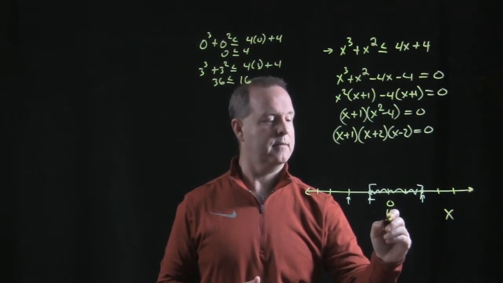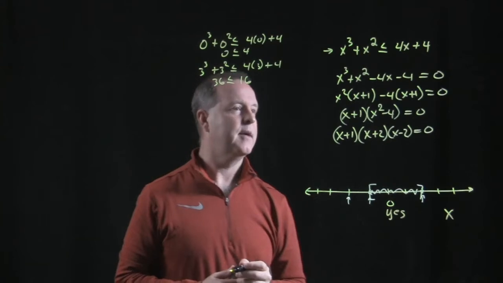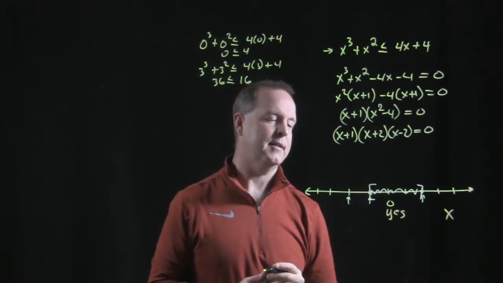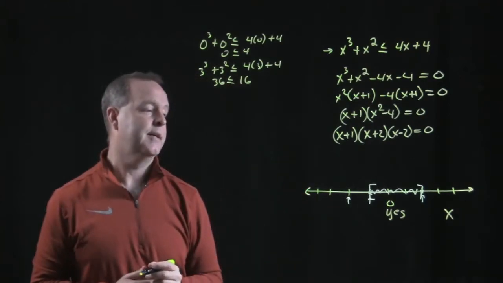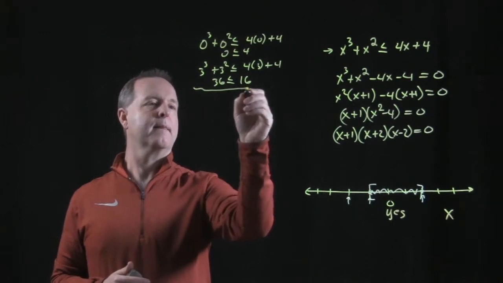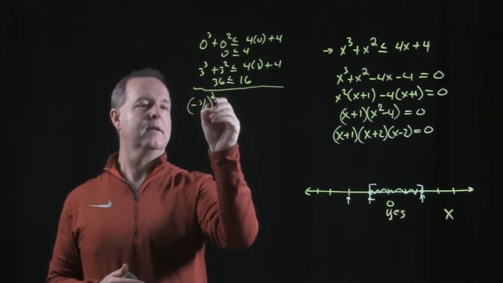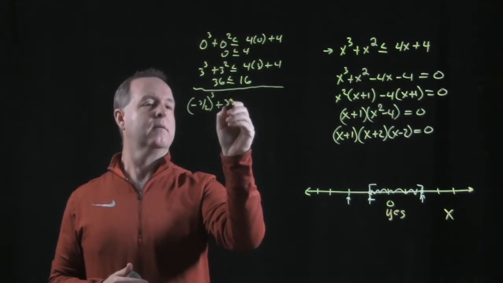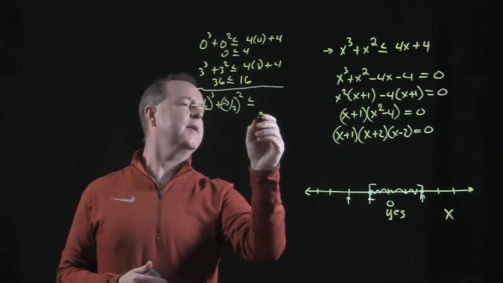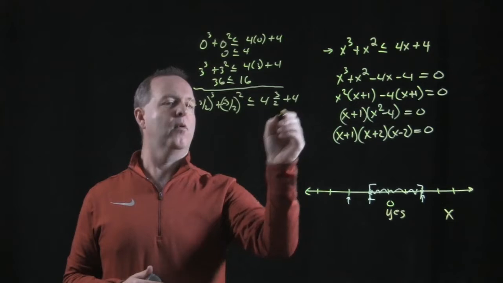These points, yes. All right, let's try the section in between, between the points -1 and -2. So we're going to have to try -3/2. So I have -3/2 cubed plus -3/2 squared, is that less than or equal to 4 times -3/2 plus 4?